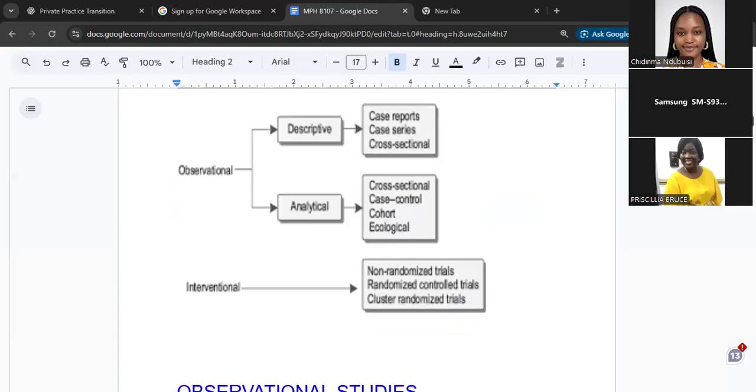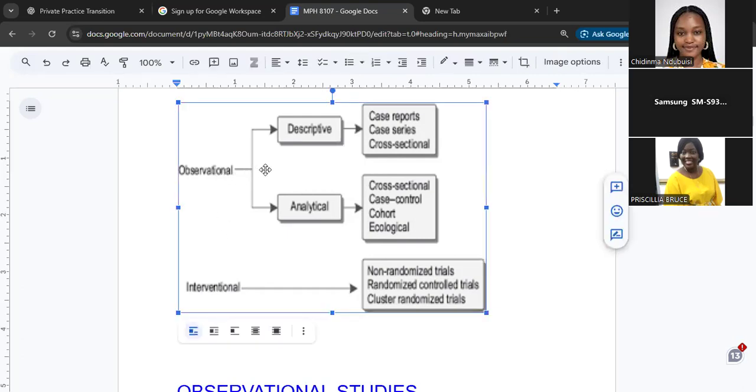This picture here is just going to be a guide, so we can have it at the back of our mind. You can see the flow. It first shows observational, and down there is interventional. Then observational is further divided into two, and interventional goes straight to all these other ones.